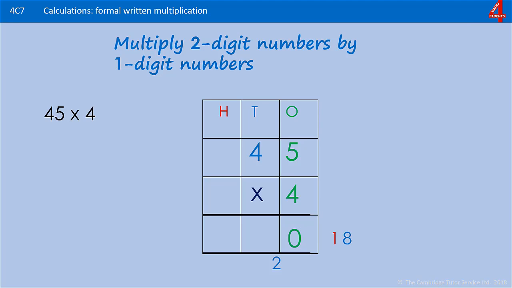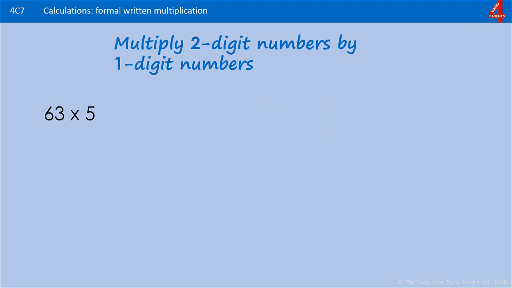Again, we can't put the whole of the 18 in that tens column. We can put that 8 in the tens column, and then we put that 1 in the hundreds column, and we have 180.